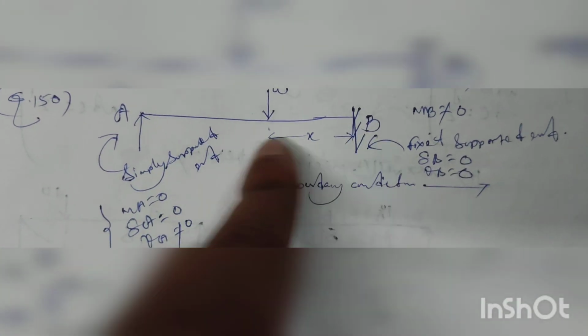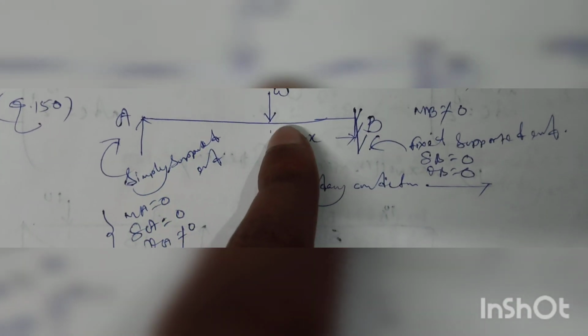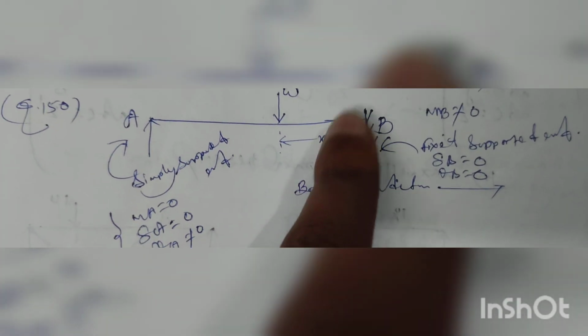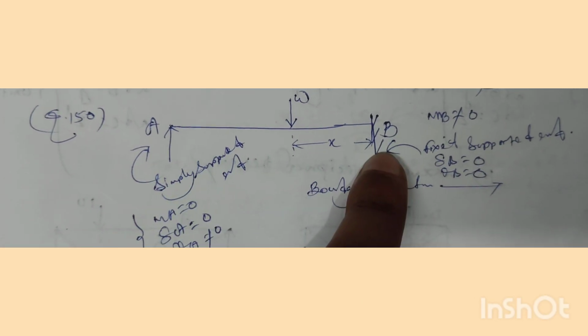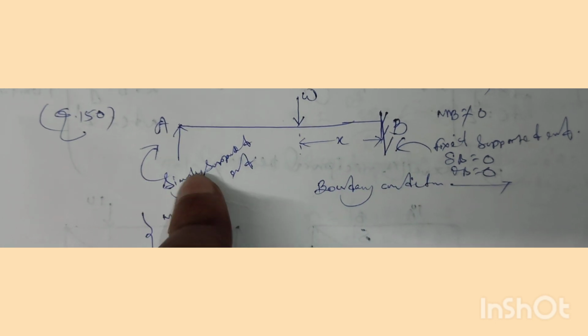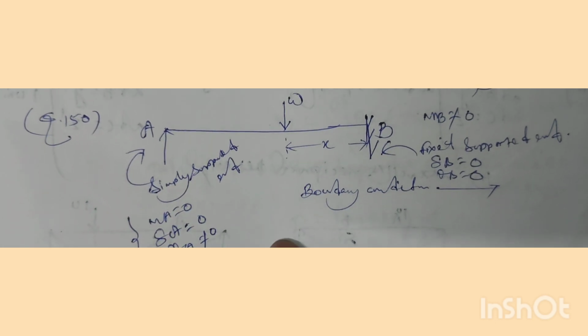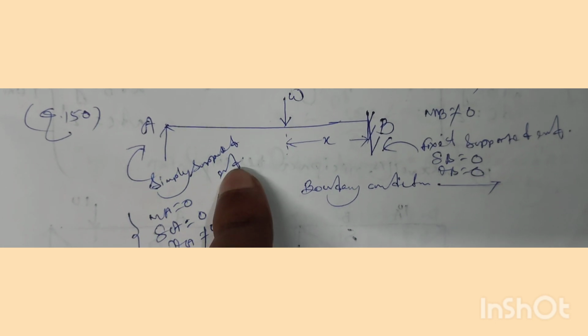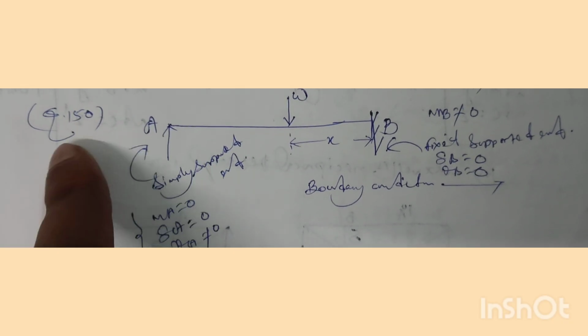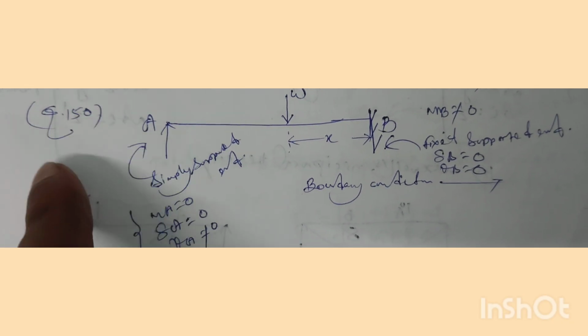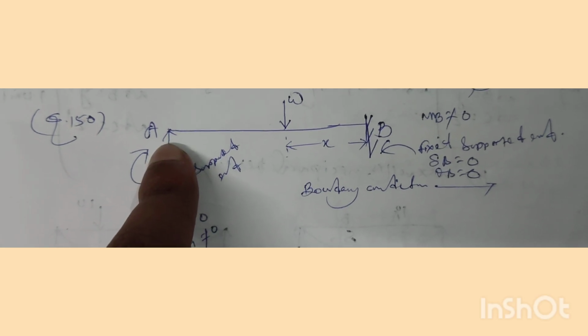So this is a propped cantilever beam, subjected to a concentrated load W at a distance x from the support B. Support B is the fixed supported end, and support A is the simply supported end. For a simply supported end, the moment at the end is 0 and deflection is also 0, but rotation is not 0.